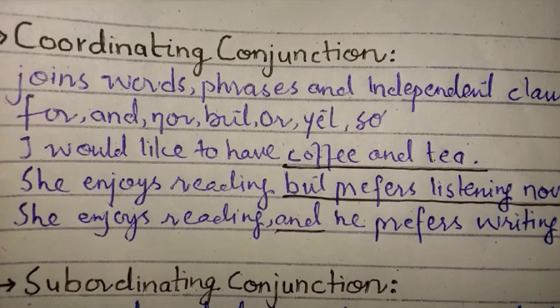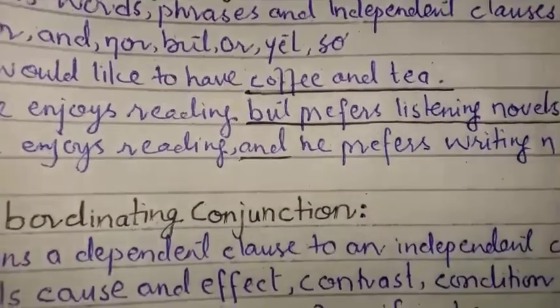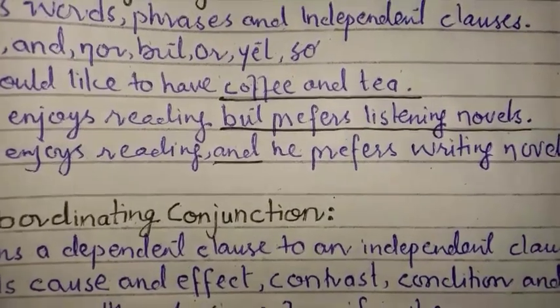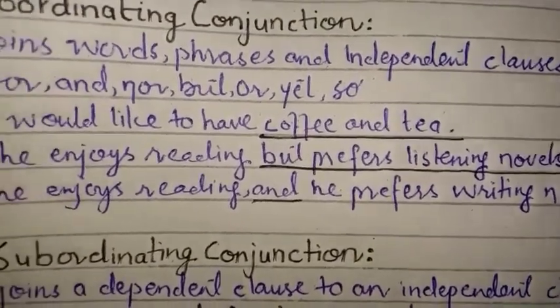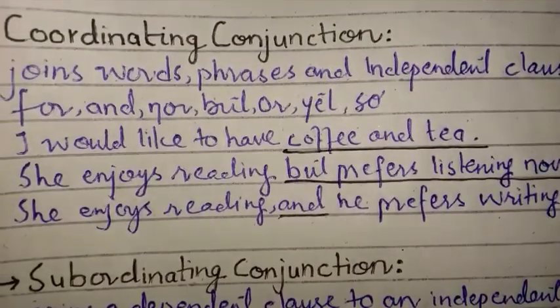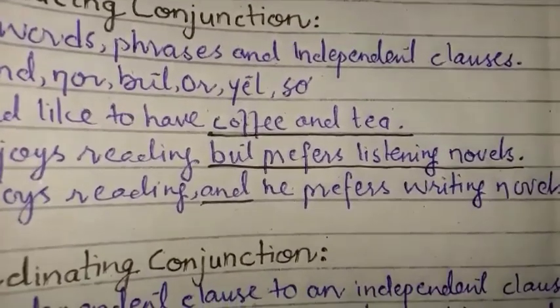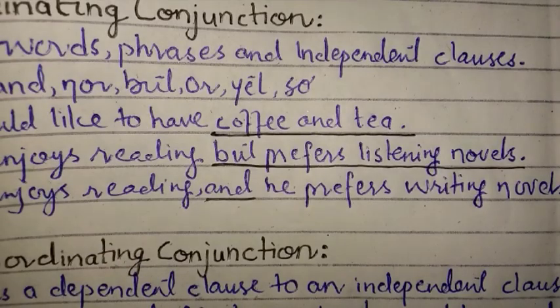What would you like? I would like to have coffee and tea. Then, she enjoys reading but prefers listening to novels. Here, she enjoys reading is our independent clause, but prefers listening to novels is our gerund phrase.